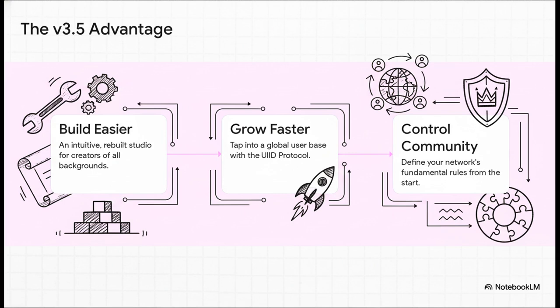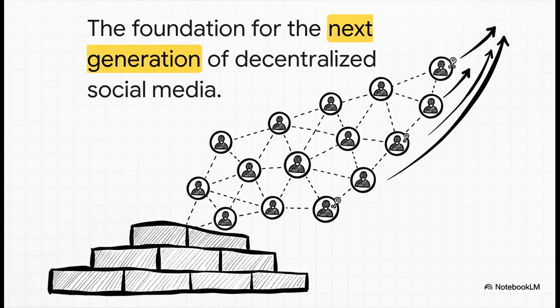Second, it helps you grow way faster by letting you tap into that pre-existing global user base. And third, it gives you genuine control to define the very DNA of your community. This combination is really being positioned as the foundational layer for the next generation of social media. We're talking about a social web that is decentralized, user-owned, and interoperable from its very first line of code.